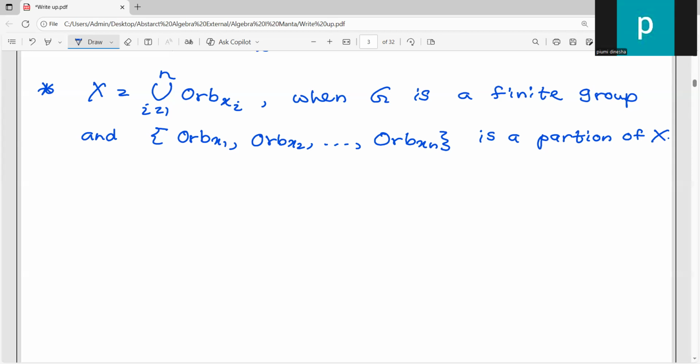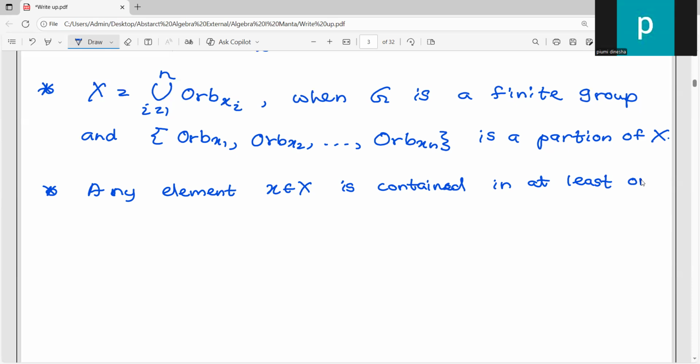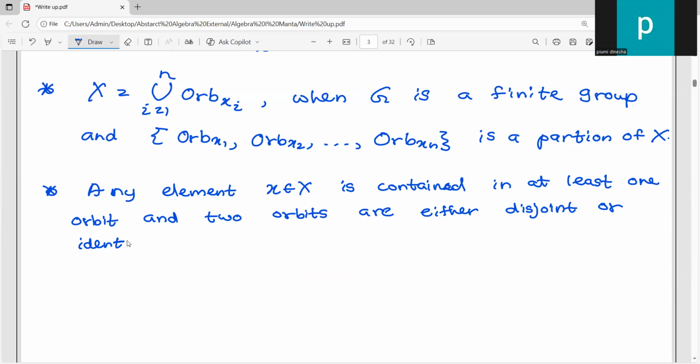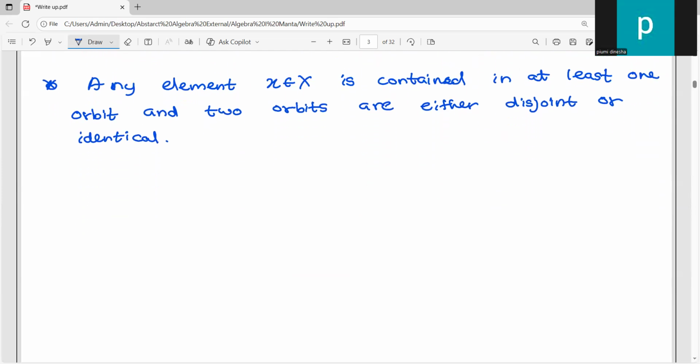Let me write that as a small remark: any element is contained in at least one orbit, and any two orbits that you pick are either disjoint or identical.